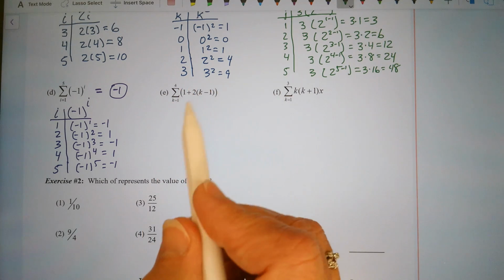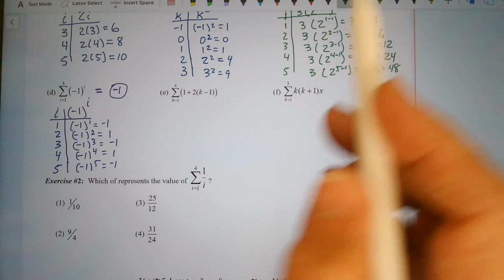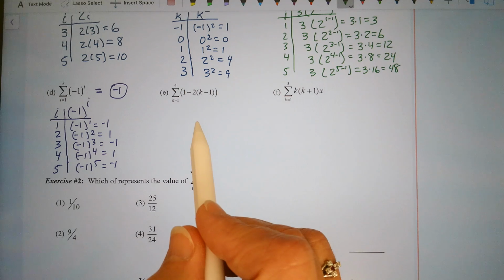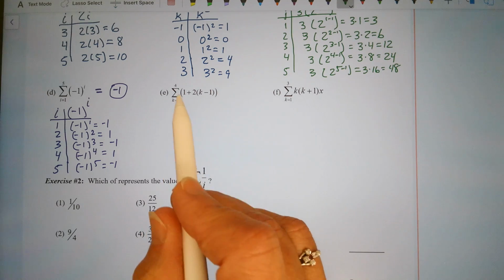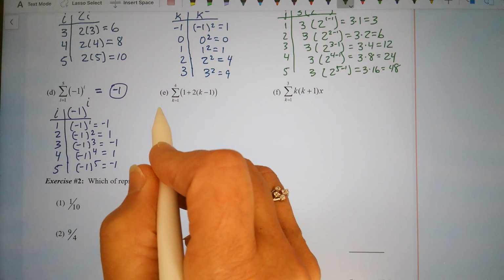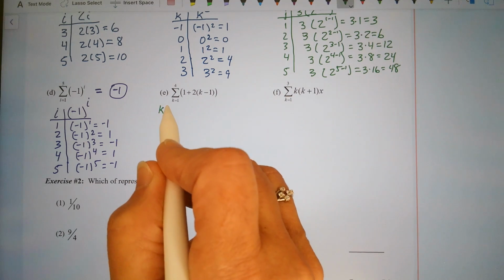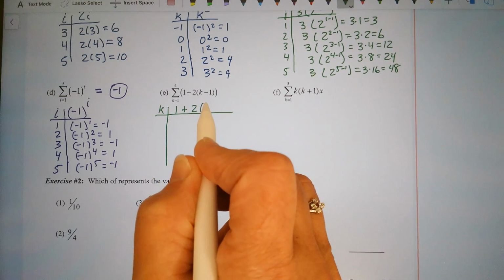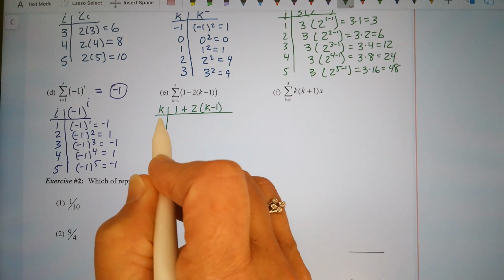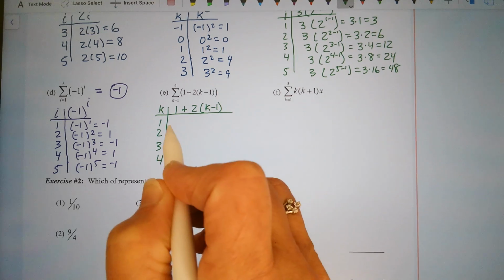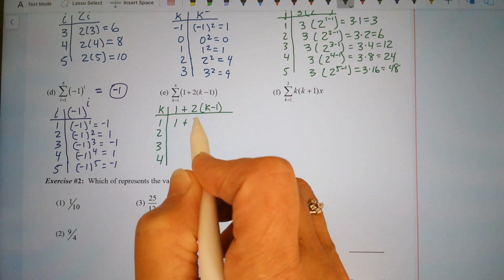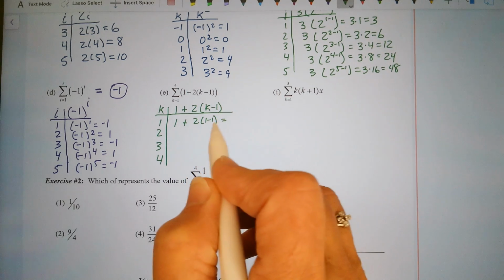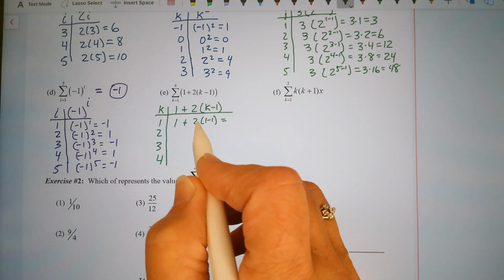E, we have the sum of 1 plus 2 times k minus 1, k going from 1 to 4. Substituting 1 in for k. It's going to be 0 times 2 is 0.